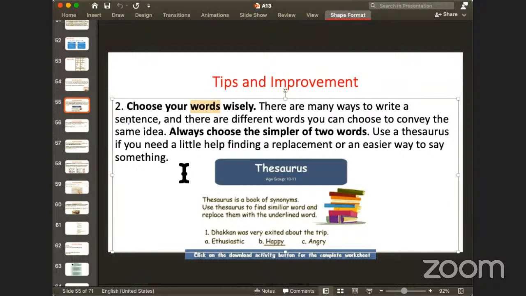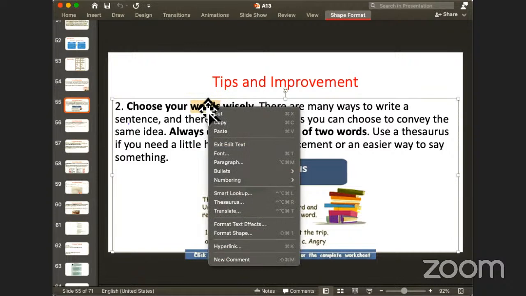If you're not sure about a word and maybe you want to use a different one, you can always use a thesaurus, or try to find synonyms.